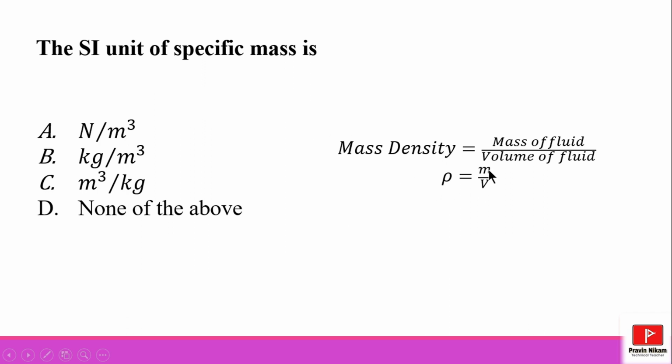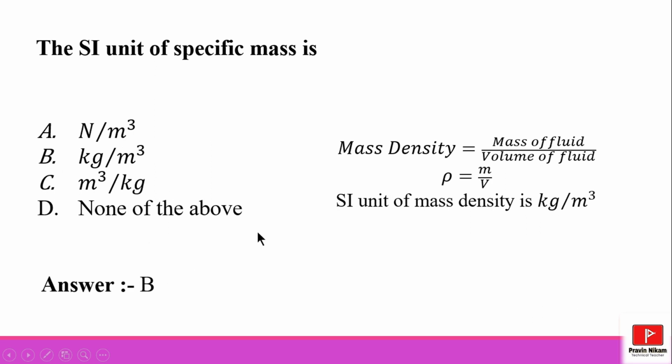The unit of mass is kg and the unit of volume is meter cube. So the SI unit of mass density is kg per meter cube. So which option is correct? B option is the correct option. So answer is B. Now see the next question.